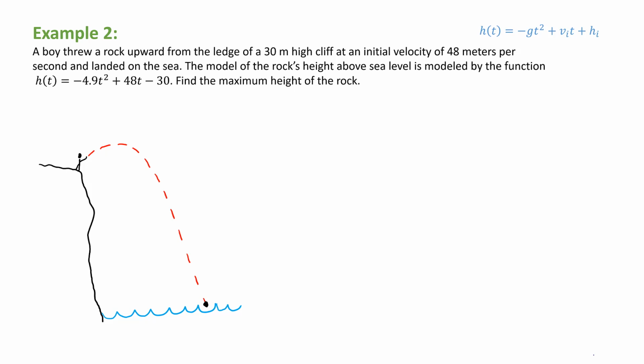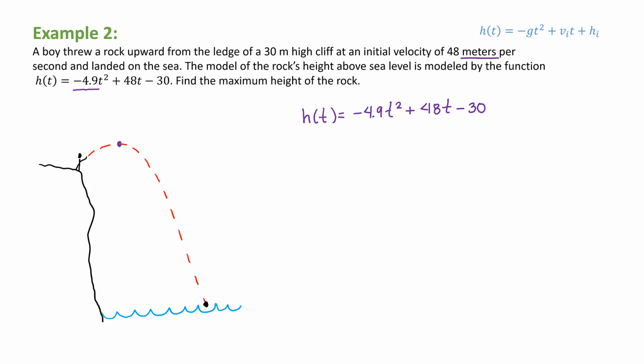Notice that in this problem, the coefficient of the quadratic term is minus 4.9. That's because the problem is measuring distances in meters. Now, we don't have to build the model because the problem already gives us the model. It says that h of t equals minus 4.9 t squared plus 48t minus 30. And it says find the maximum height.